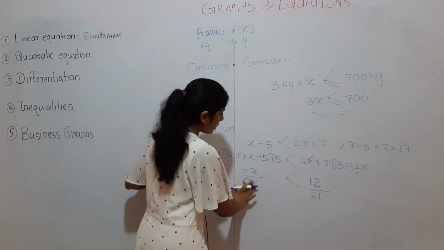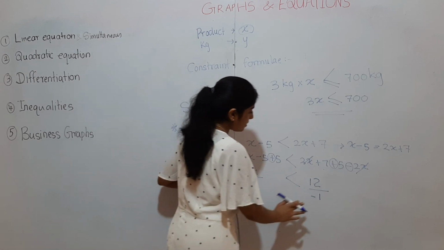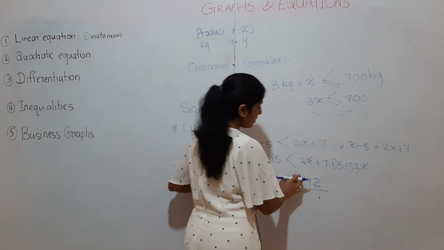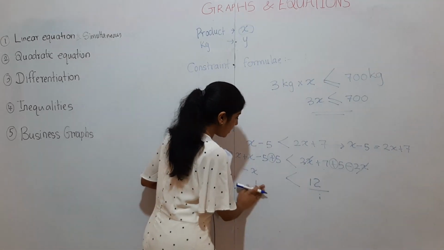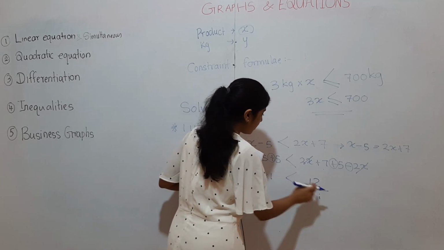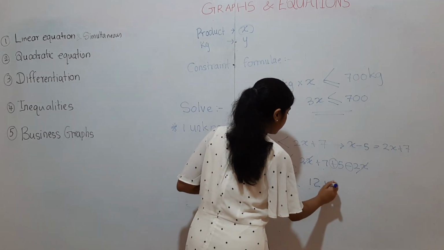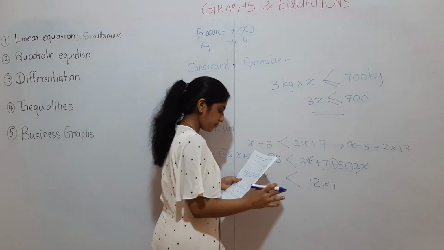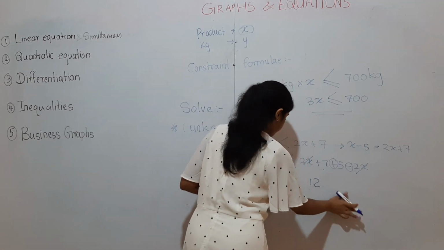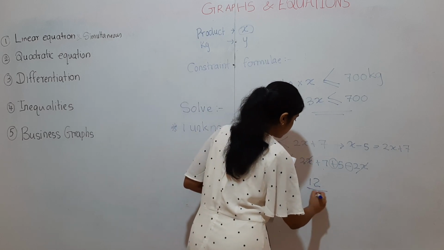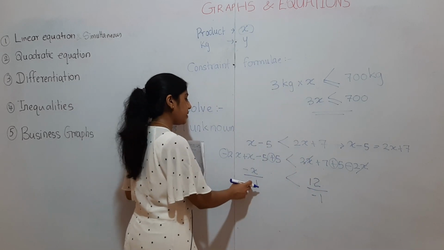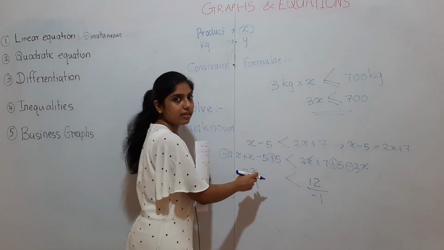Now if I divided by a plus sign, still this sign will be the same. Or if I multiply this by a plus sign, still this sign will be the same. But I am dividing by a minus sign because I am dividing by minus 1 to make this plus x.